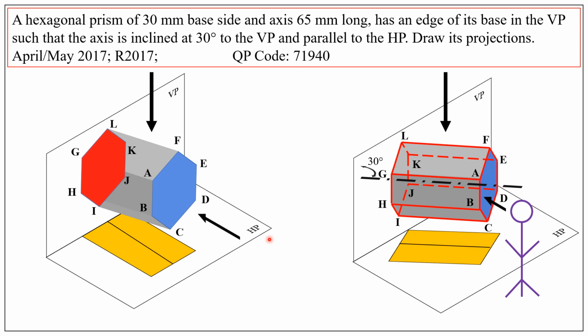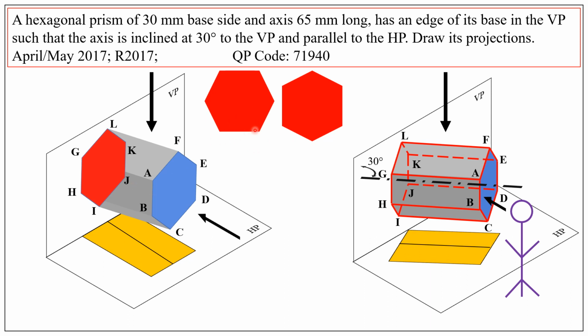We can draw the hexagon in the other way too. So what is that other way? We can draw the hexagon like this and also like this. So the second method is followed, or second orientation is followed. Why not this first one?